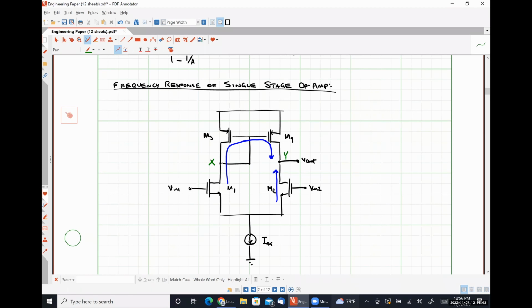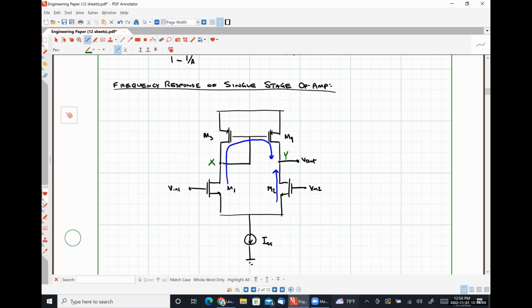Effectively, why this is a good approximation goes back to what we did last Wednesday, I believe, when we looked at the small signal analysis of this particular amplifier, right?